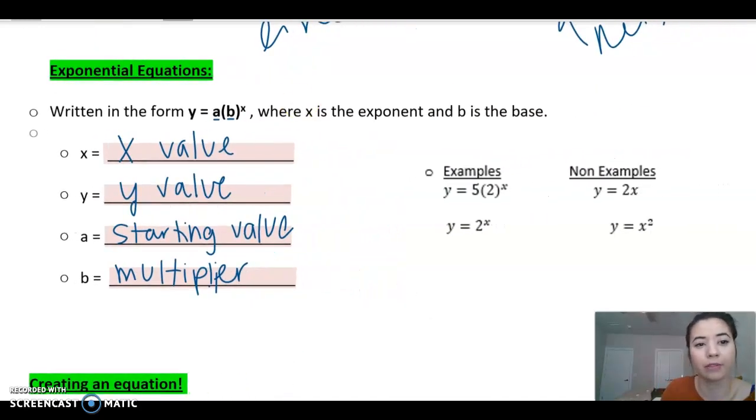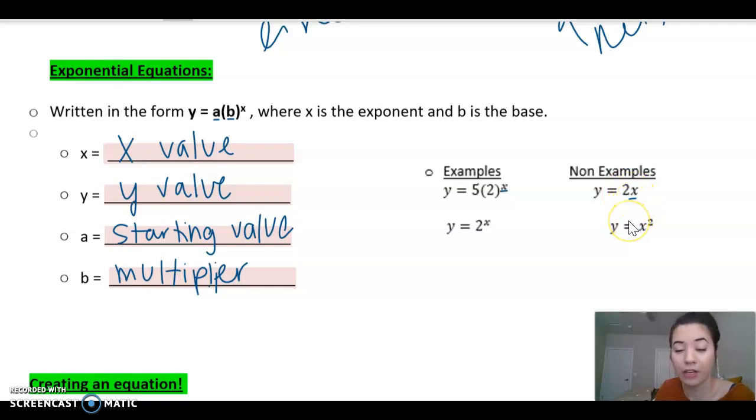So again, examples over here. This would be exponential because we have our starting value. We have that number that we're multiplying by each time. And then the key thing here is that x is in your exponent. In order to be an exponential function, your x has to be in your exponent. Over here, that's why these fall as non-examples.